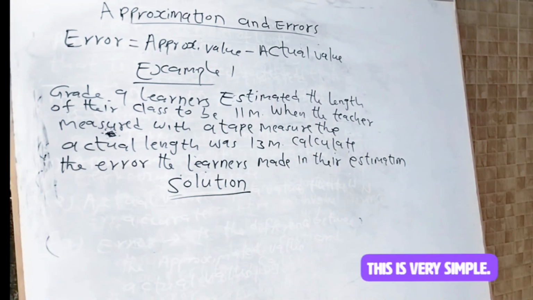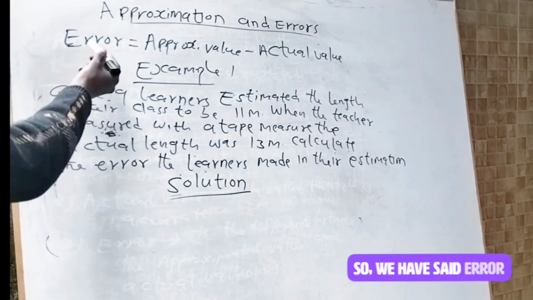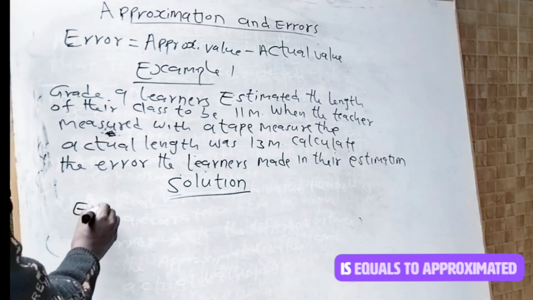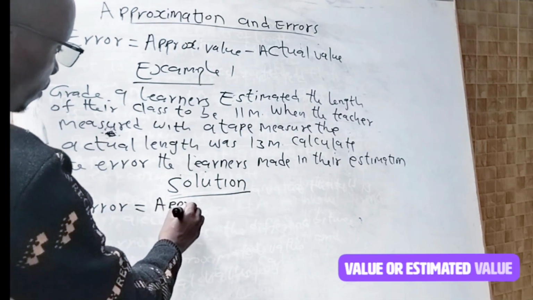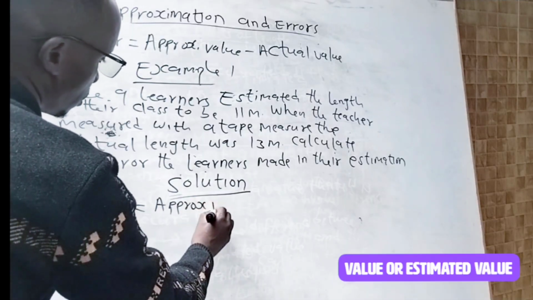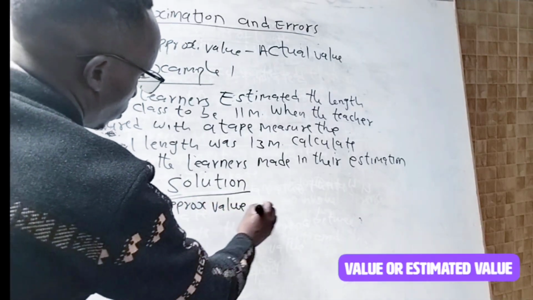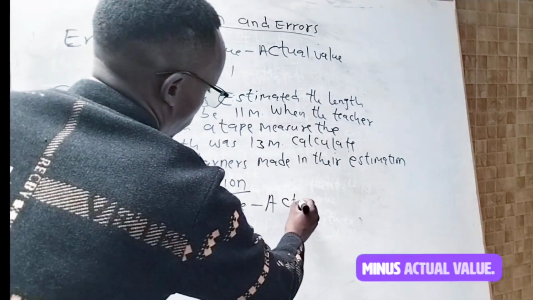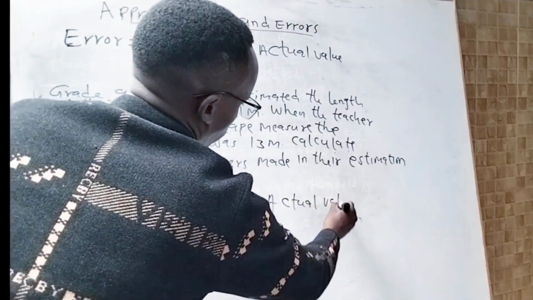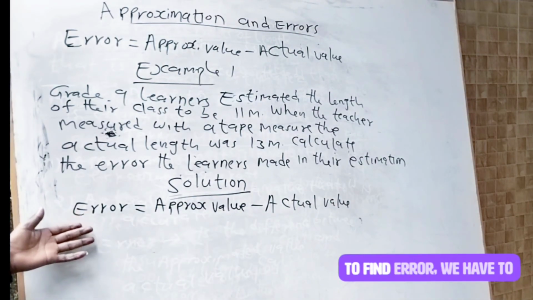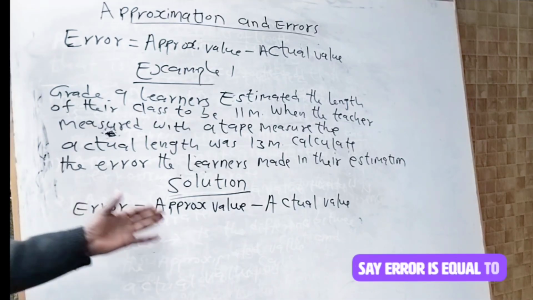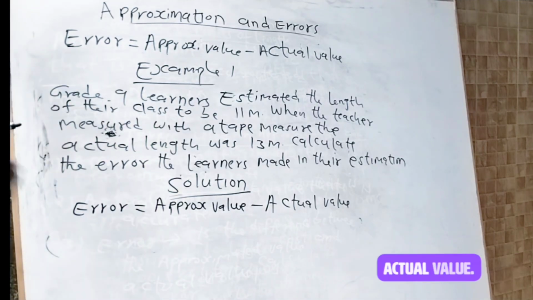This is very simple. This is how we do it. So we have said error is equal to approximated value or estimated value minus actual value.